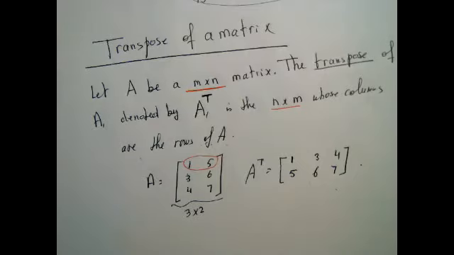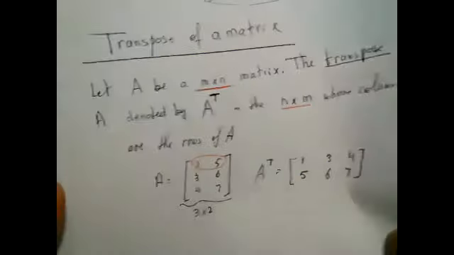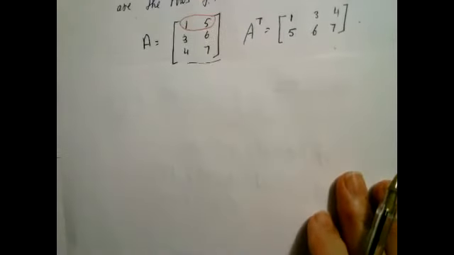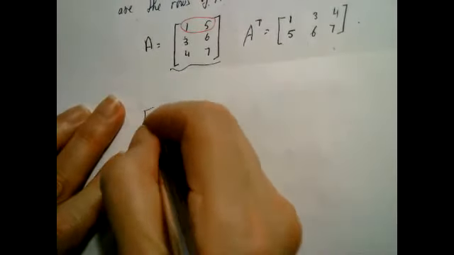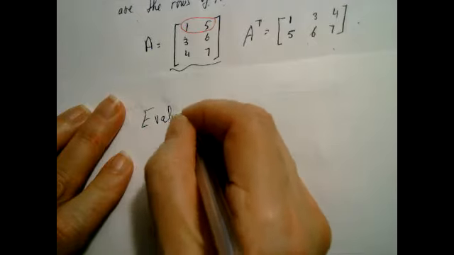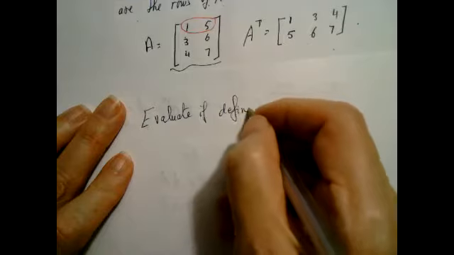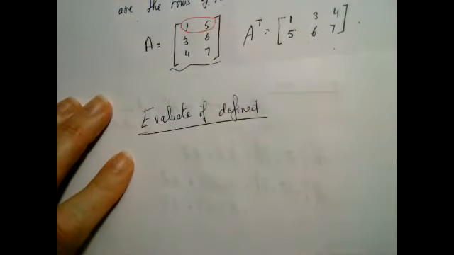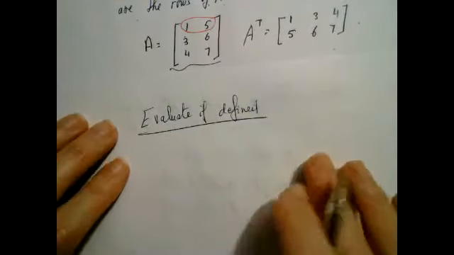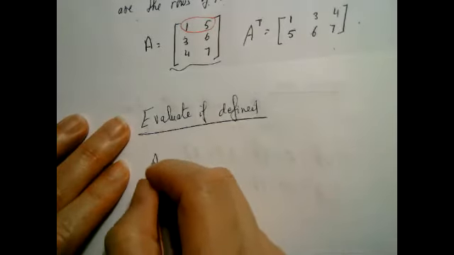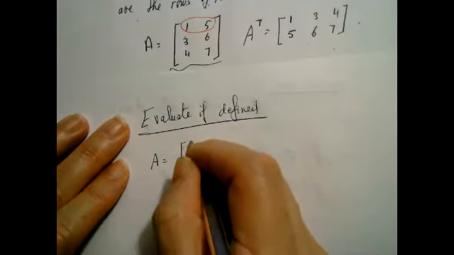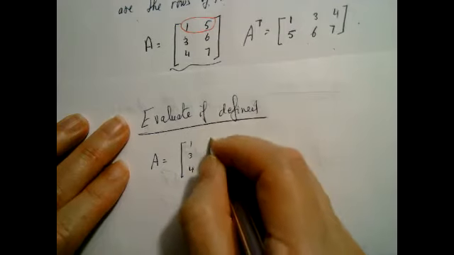So let us do 2 examples where we compute a little bit with it. My question again is: evaluate if defined. Suppose I take A to be the following matrix: 1, 3, 4, 5, 6, 7.